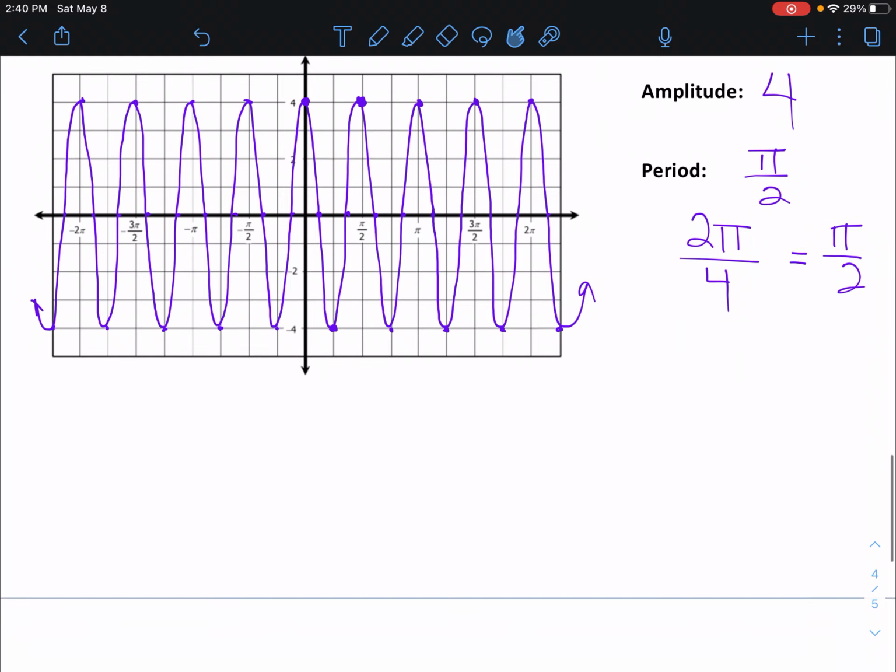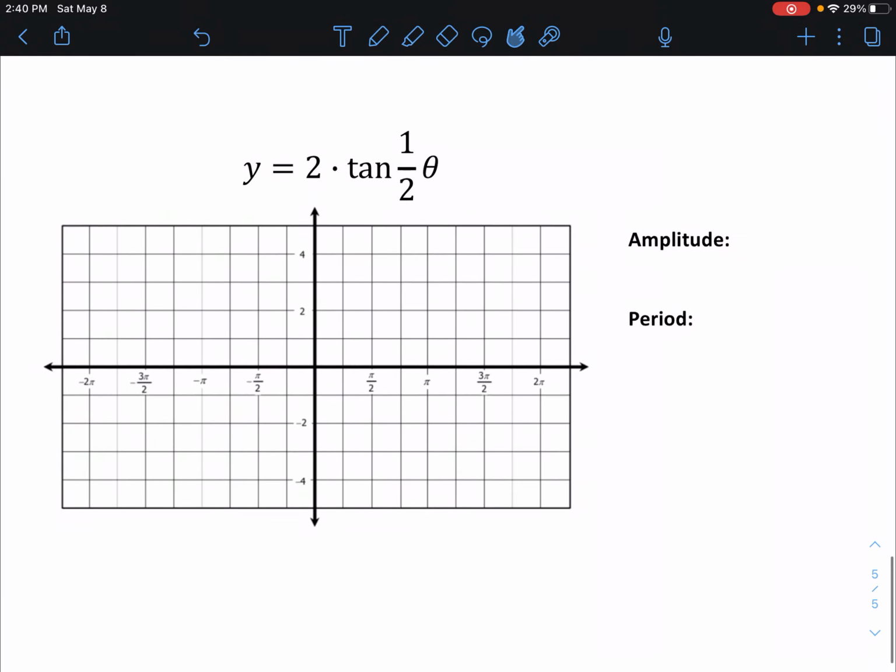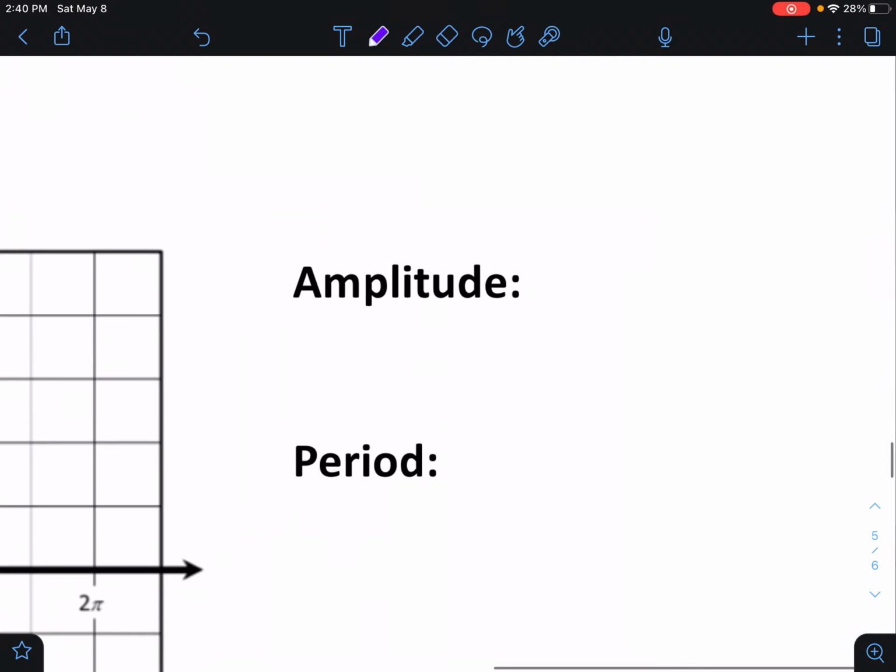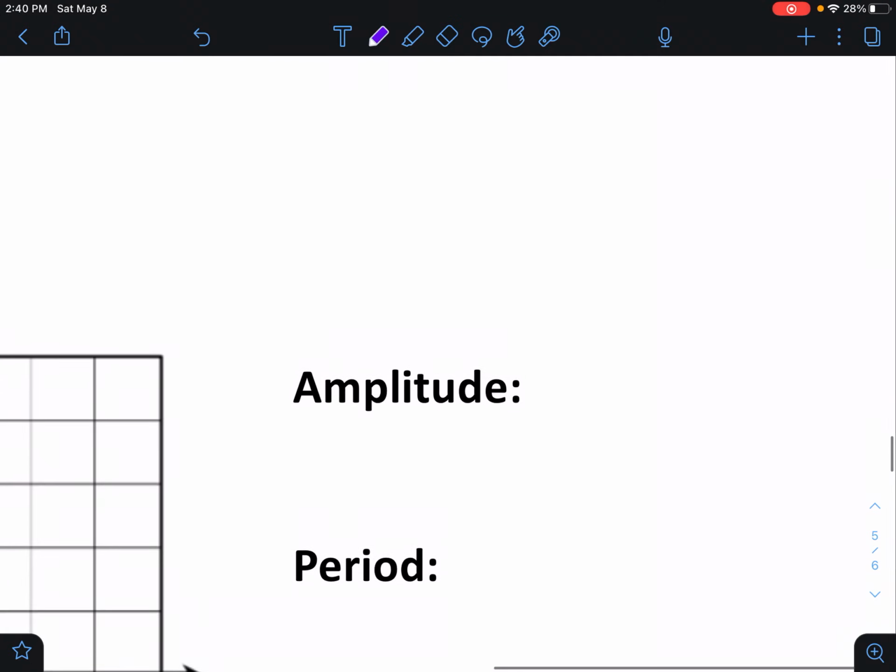All right, let's try one more. All right, tangent function. So the tangent function, remember, has asymptotes, and the easiest way to do the tangent function is to put those in first. So our amplitude, this 2 does apply, but you do not want to write 2 here because remember the amplitude with the tangent function is just always undefined.